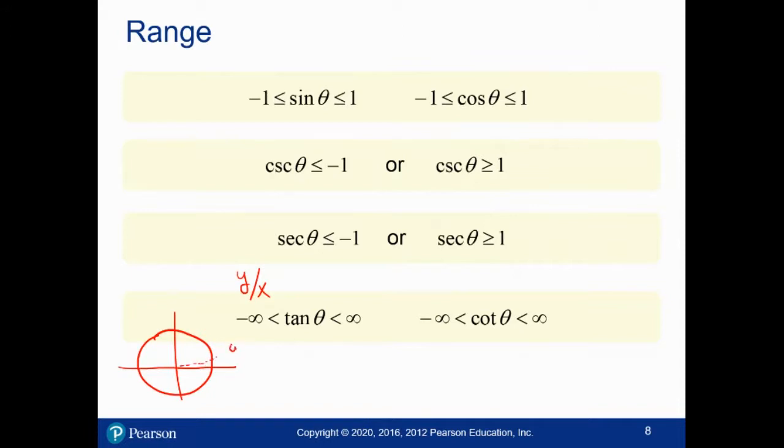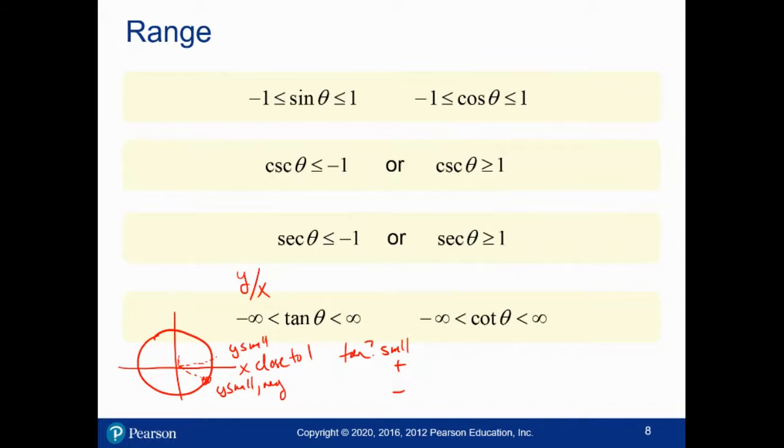So y is small, and x is close to 1. Then the tangent of theta is small, but positive. If I took angles down here, y is small, but now it's negative. x is still positive and close to 1. x coordinates over here are still positive. So tangent can also be small and negative.